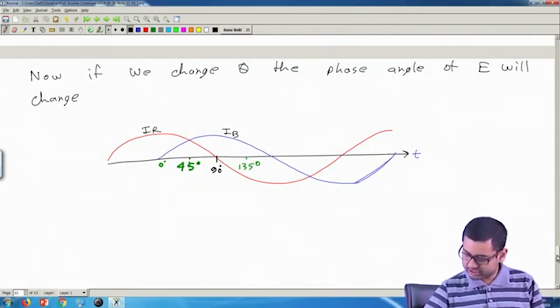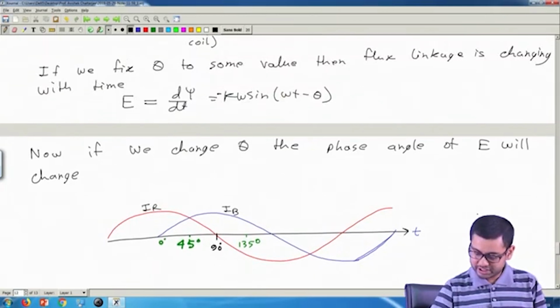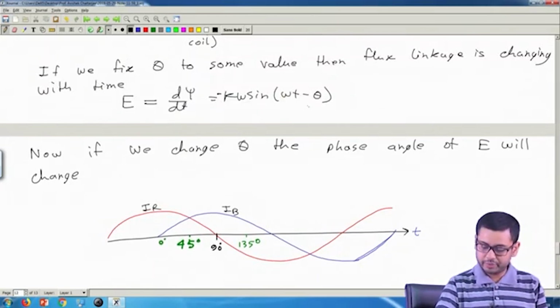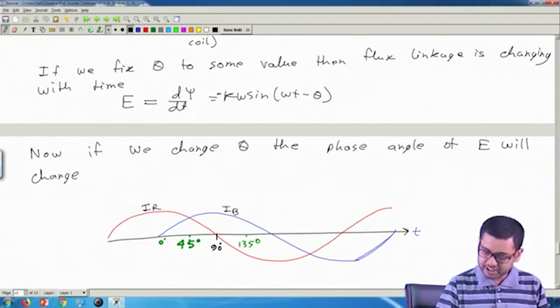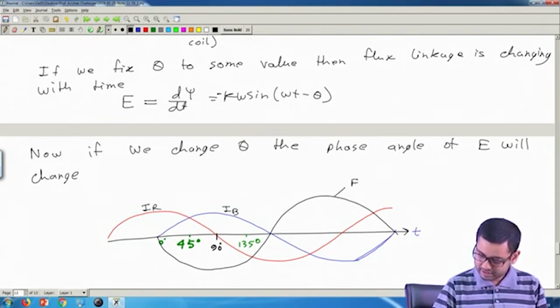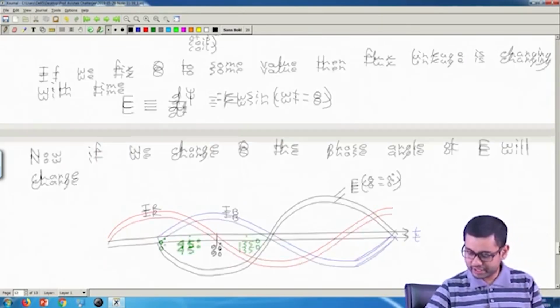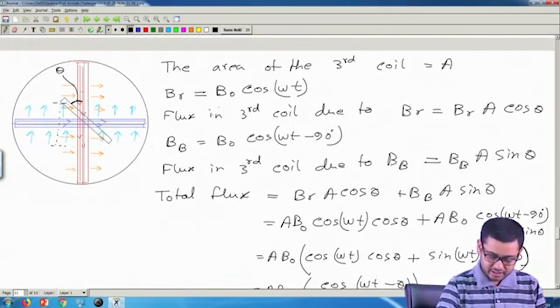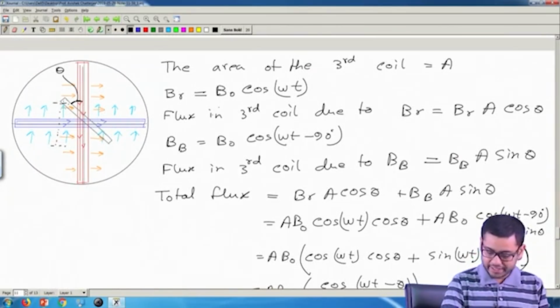If I consider theta to be 0, if I keep it at an angle 0, then E will be minus sin omega t. So E will be like this. So this is E for theta equals 0 degree. So I can move this coil.